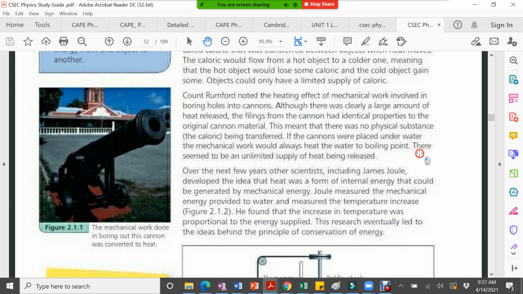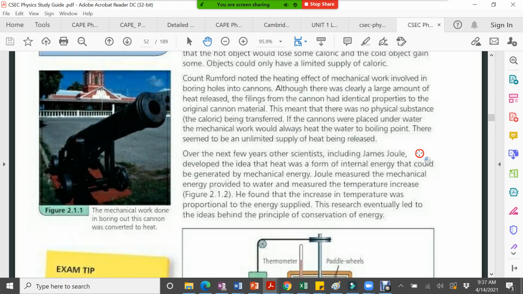Over the next few years, other scientists, including James Joule, developed the idea that heat was a form of internal energy that could be generated by mechanical energy. Joule measured the mechanical energy provided to water and measured the temperature increase. He found that the increase in temperature was proportional to the energy supplied.